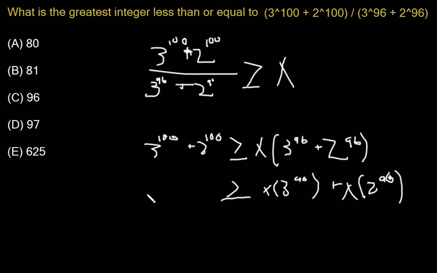All right, then we have 3 to the 100 power. Actually, let's try distributing out now. So, actually, no, hold on, we'll just keep this the same. So you have 3 to the 100 power, or we can rewrite 3 to the 100 power as 3 to the 4th power times 3 to the 96th power, plus we can write 2 to the 100 power as 2 to the 96th power times 2 to the 4th power.